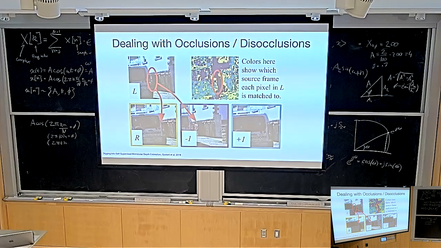And then if you look at which pixels the model uses, it's using the pixels from the previous frame to explain the pixels that were disoccluded by the car, which makes sense. Does that make sense? Just as a visualization, yeah.